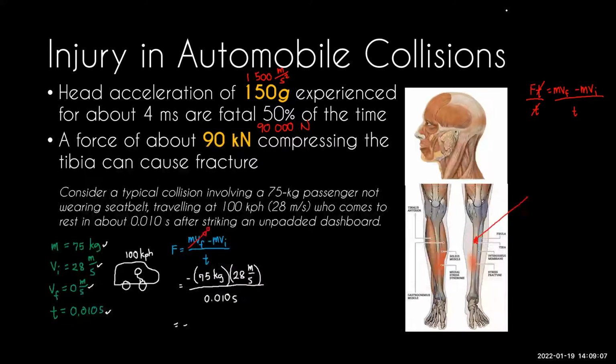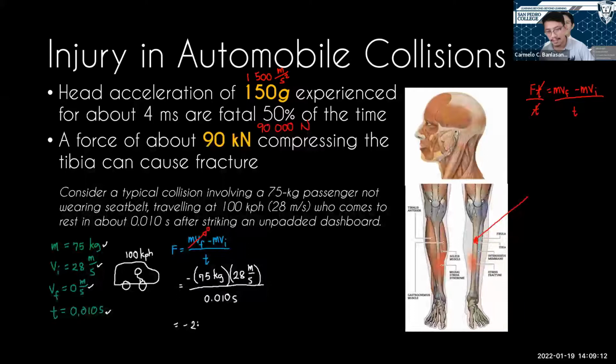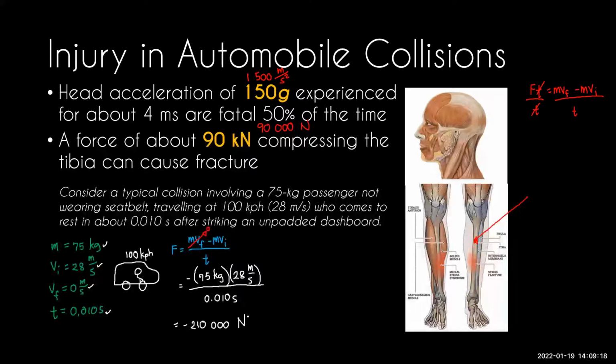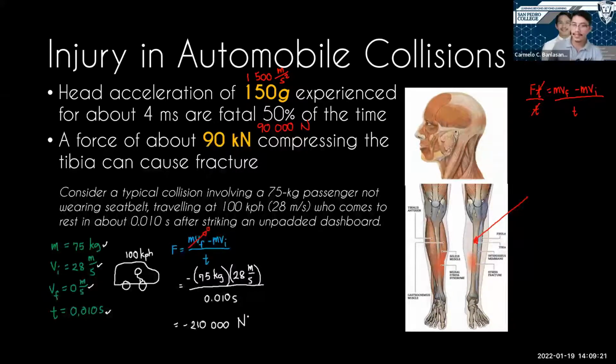Negative 210,000, sir. Negative 210,000 newtons. What does a negative force mean? Going to the left, po. Okay, very good. It's going to the left. That's negative 210,000 newtons. So if you are just going to consider the magnitude, the force of impact is negative 210,000 newtons. So magnitude only, that's 210,000. That is way beyond the minimum force that can cause fracture.